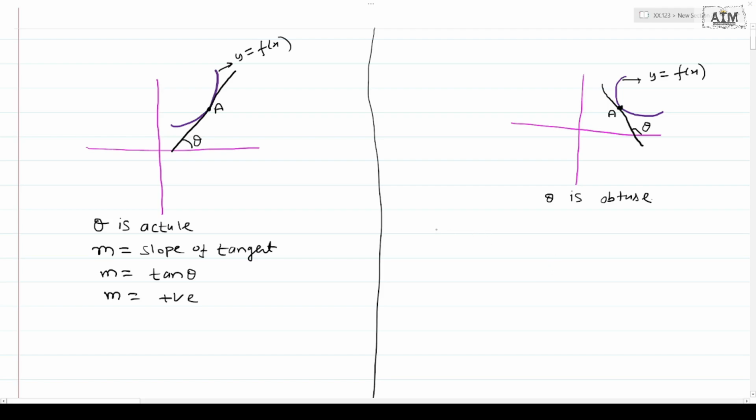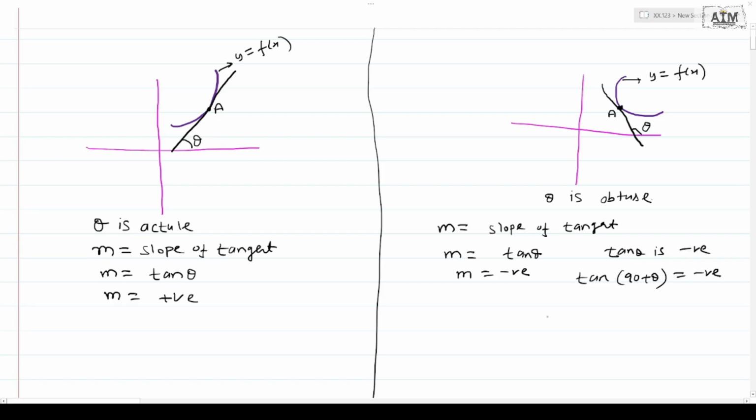Here also m equals to slope of tangent, and m equals to tan theta, but theta is an obtuse angle, therefore m is negative. Whenever theta is an obtuse angle, the tan theta value is negative, example, tan of 90 plus theta. So the result of tan theta is negative.